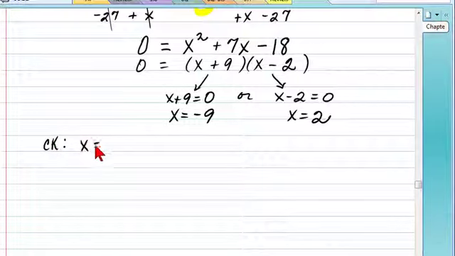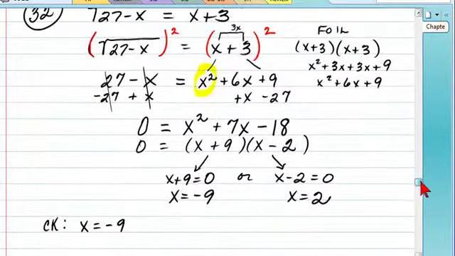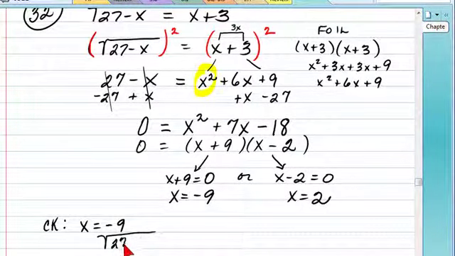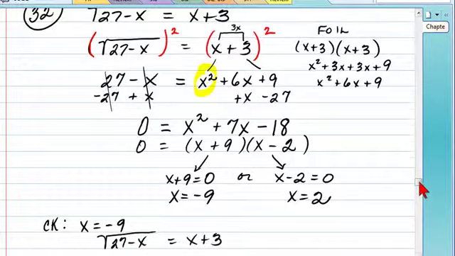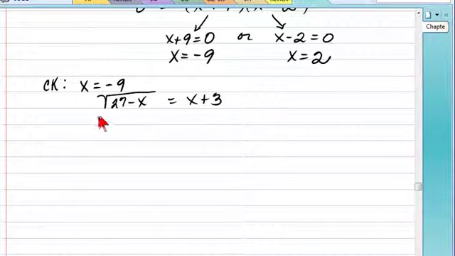The first one I want to check is x equals negative 9. The original problem is the square root of 27 minus x equals x plus 3. Plugging in negative 9 for x.